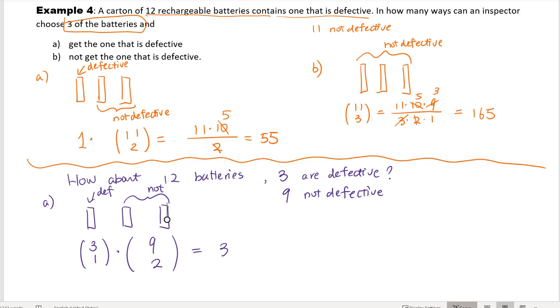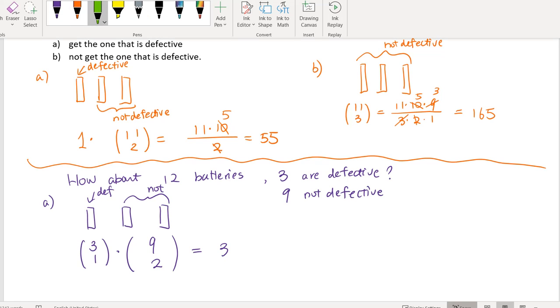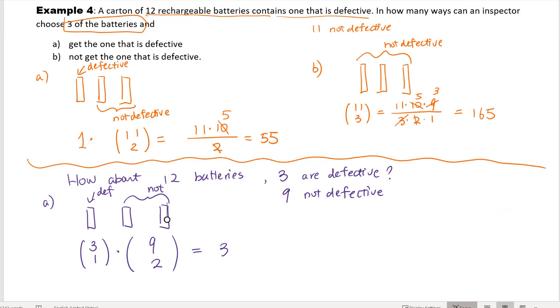By the way, let me teach you. n choose 0 is the same as n choose n. That is 1. n choose 1 is like n choose n minus 1, which is n. And in general, n choose r is the same as n choose n minus r.